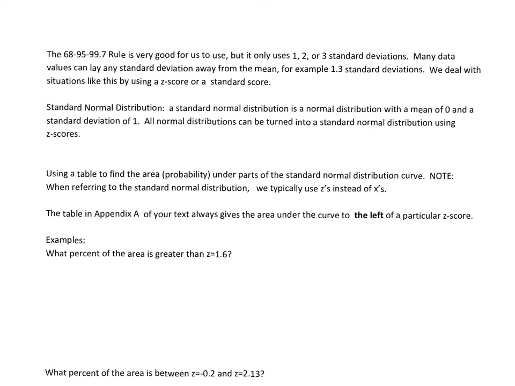Remember, your z-score is the number of standard deviations you are from the mean. The standard normal distribution is a normal distribution with a mean of 0 and a standard deviation of 1. And all normal distributions can be turned into a standard normal distribution using z-scores.